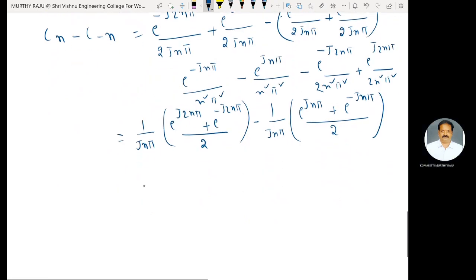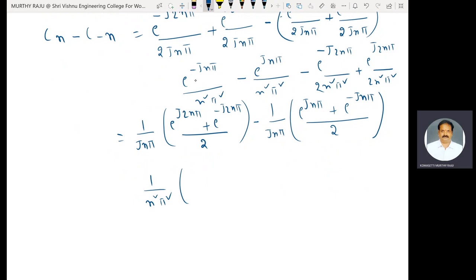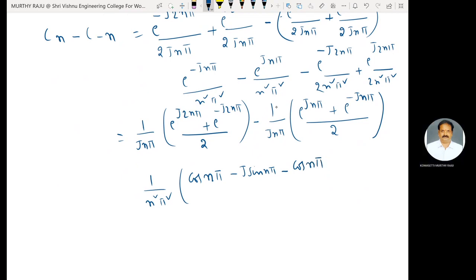Here 1 by n²π², e^(-jnπ) means cos nπ minus j sin nπ. Here minus cos nπ, plus into minus j sin nπ.